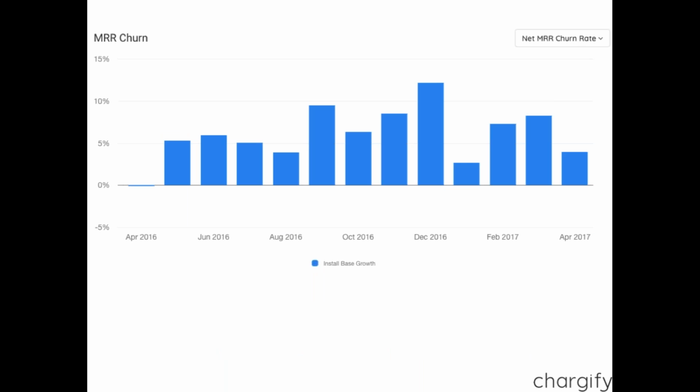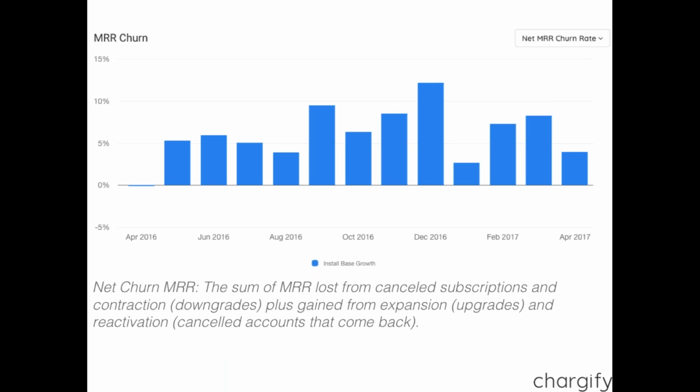Then we have the net MRR churn rate. This is the sum of MRR lost from canceled subscriptions and contractions, which are the downgrades. So if a customer goes from a $20 a month plan to a $10 a month plan, that's considered a contraction, plus gained from expansion. If you have one customer that decides to upgrade from $10 to $20, those two subscribers, in a sense, negate each other.